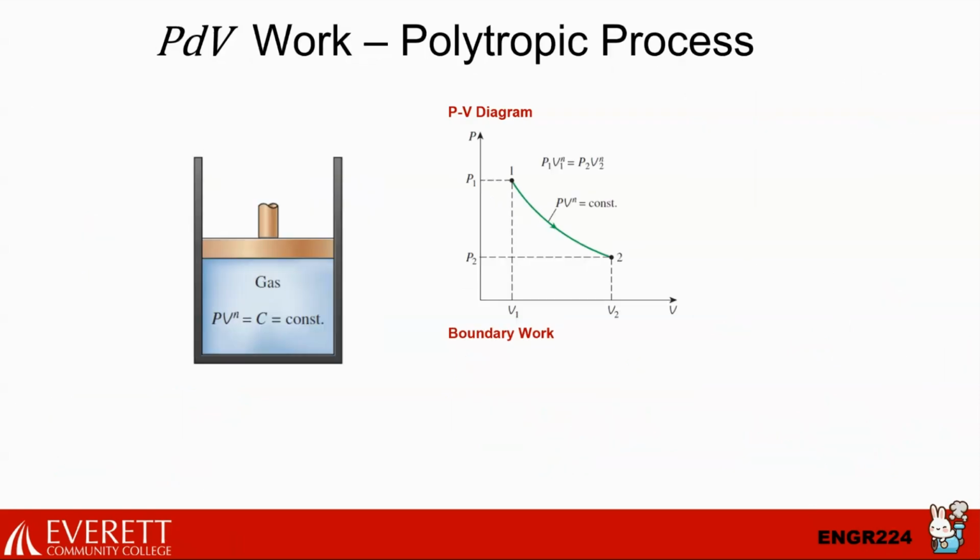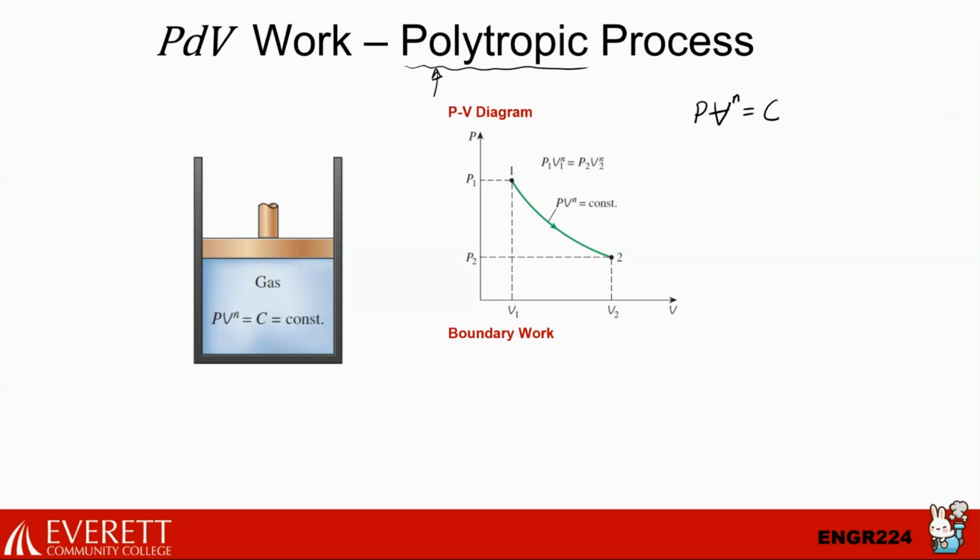So really what we just solved was a specific case of something that's called the polytropic property. So we're thinking about poly, or many. What we're really talking about is that instead of PV equals a constant, we're adding an exponent to how that volume relates to the pressure.